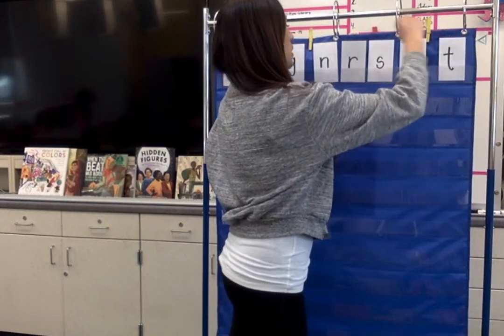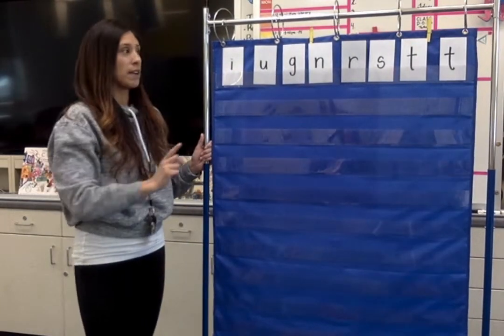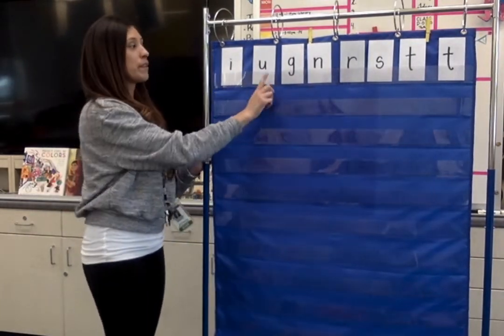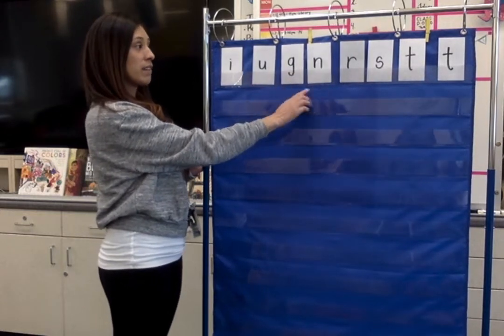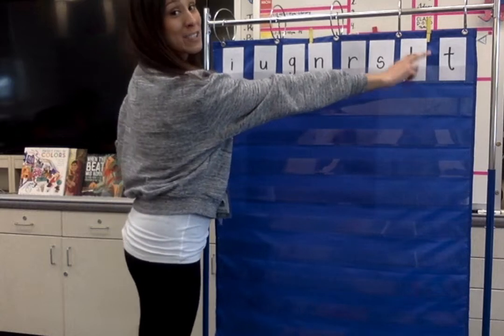So double check, make sure that you have all of these letter tiles. I'll repeat them so that you can hear again. We have the letter I, U, G, N, R, S, and two T's.